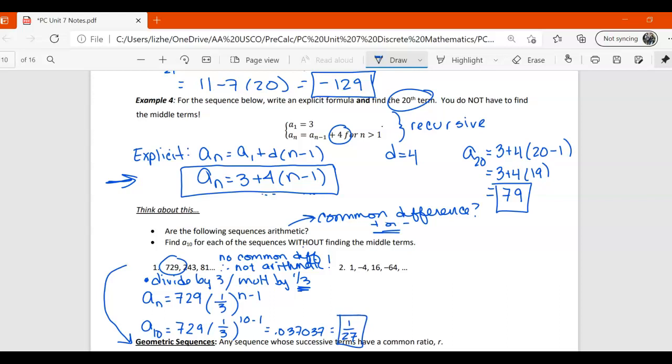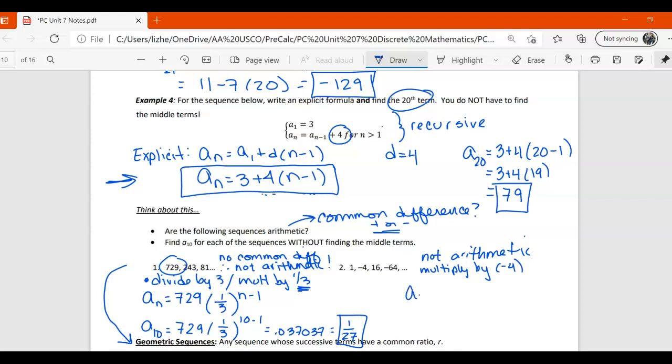So let's see, number 2. Again, this is not arithmetic, and we know that. Look at there, the signs change. We have positive, negative, positive, negative. There's no way it could be arithmetic. So what are we doing? Well, each time we're multiplying by -4.